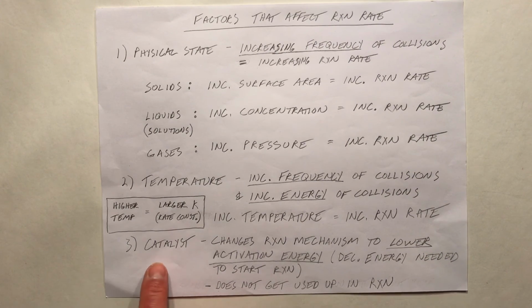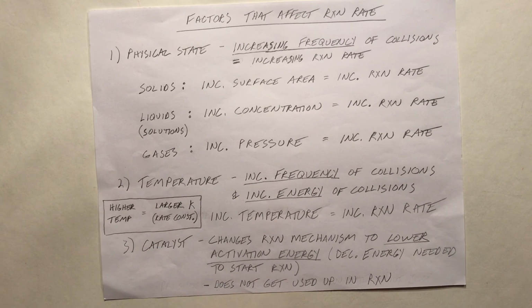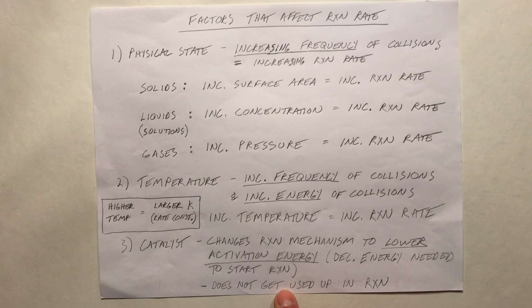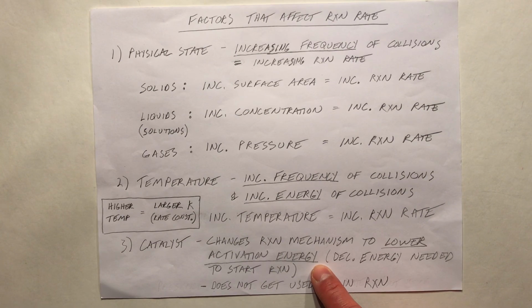Now also, in a later video, we're going to take a look at a catalyst. A catalyst is a chemical that you can introduce in a reaction, but it does not get used up in the reaction. It does take part in the reaction, and what a catalyst does is that it changes the reaction mechanism to lower the activation energy. In other words, it decreases the energy needed to start the reaction.